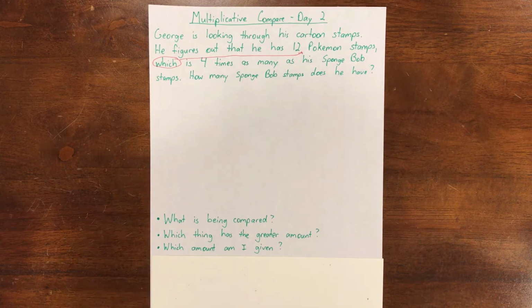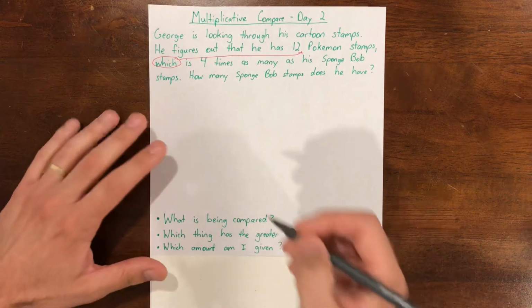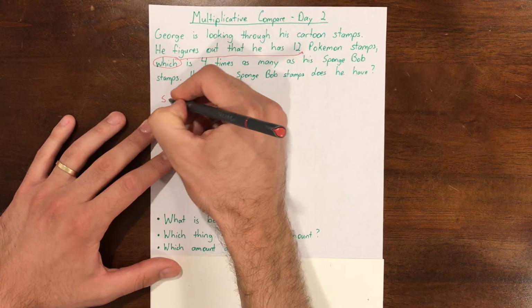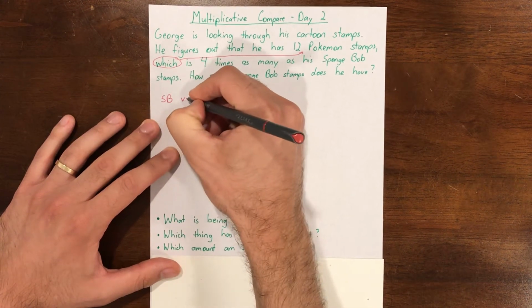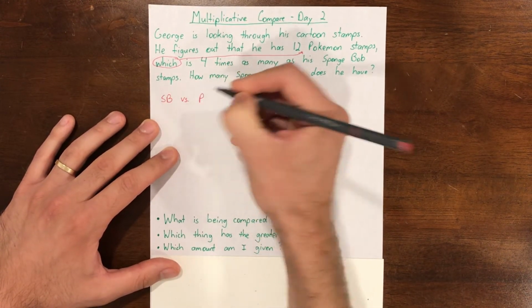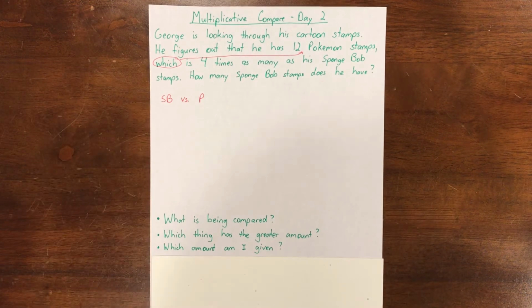So, what are we comparing in this problem? Say it out loud. Okay, so we've got SpongeBob stamps versus Pokemon stamps, SB versus P. And which thing has the greater amount? How do you know? Say it out loud.